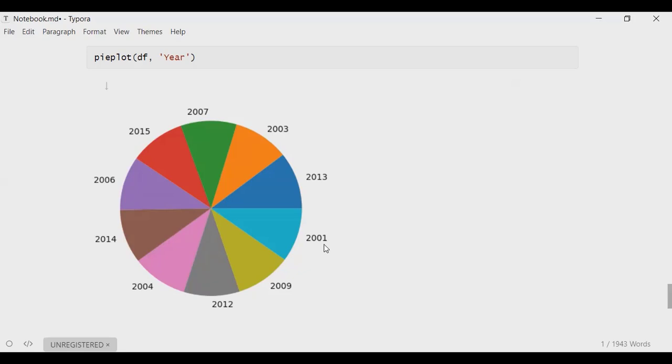So from 2000 to 2015, taking data across the globe, not just one country or a few countries. Across the globe, we are taking a lot of countries, their life expectancy along with GDP, year-wise.